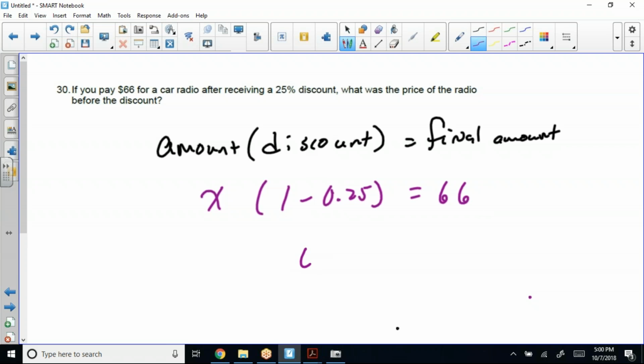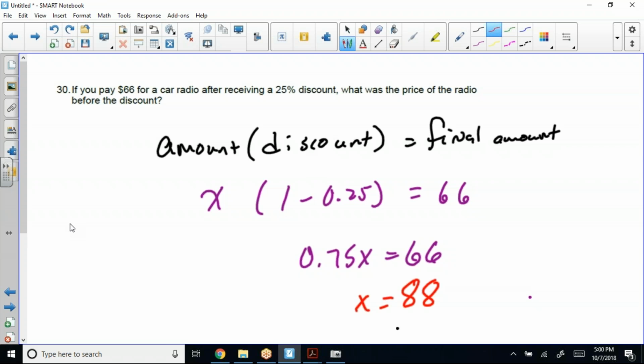So really that leaves me 0.75x equals 66. And if we divide both sides, then we know that it originally cost $88.